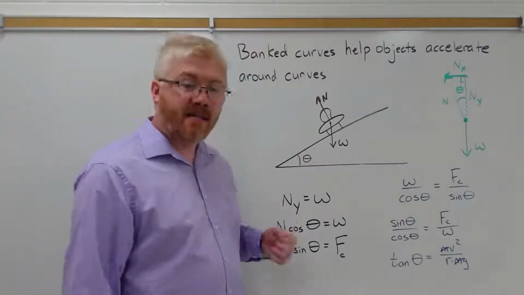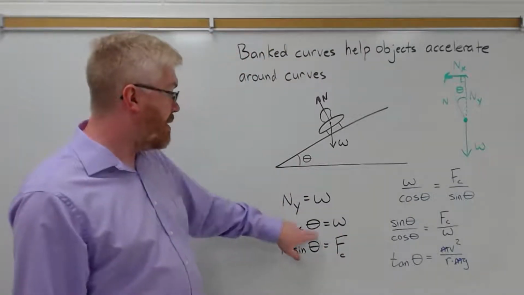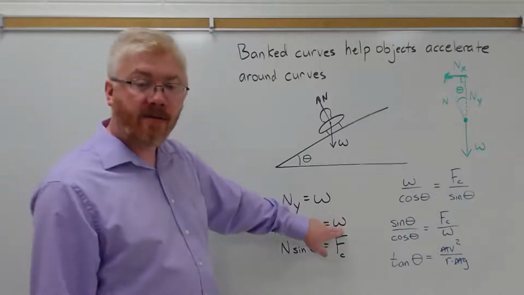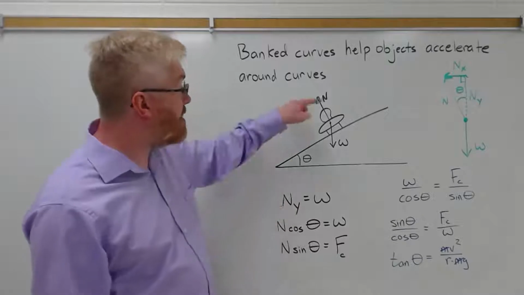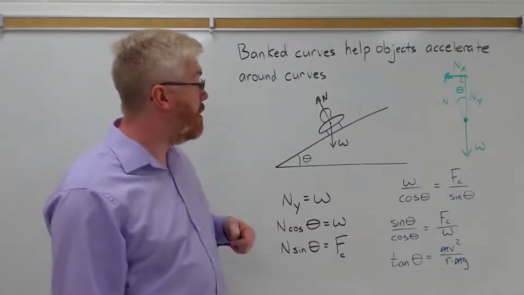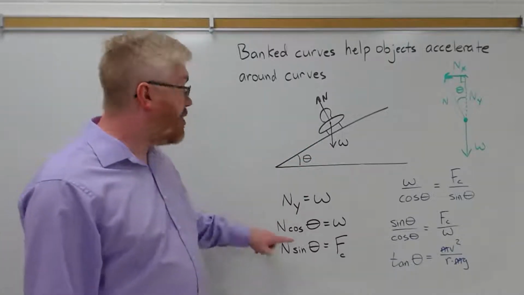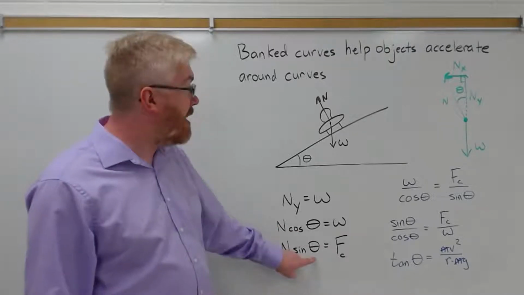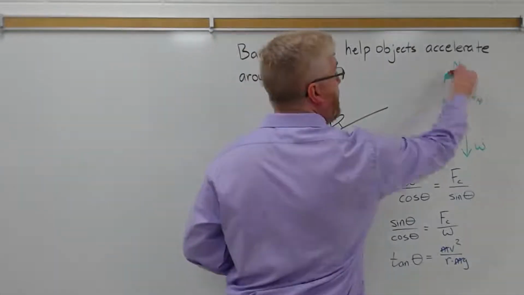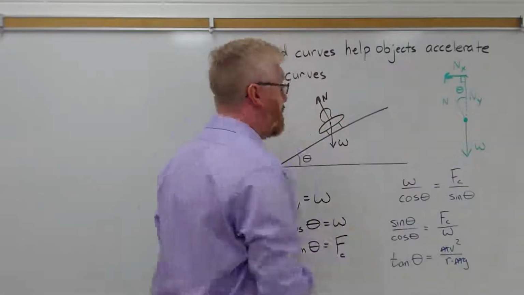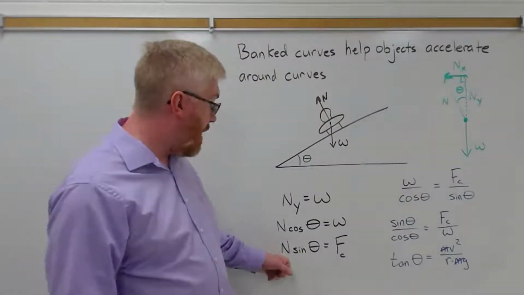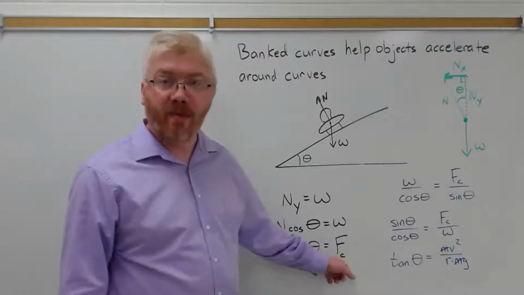So for the adjacent side, that's the cosine. So n times cosine theta is the weight. Those have to balance according to Newton's second law, because there is no acceleration in the y direction. There is acceleration in the x direction, though, so n sine theta, n sub x, is the opposite side of this triangle. So n sub x is equal to n times sine theta. That's the centripetal force.